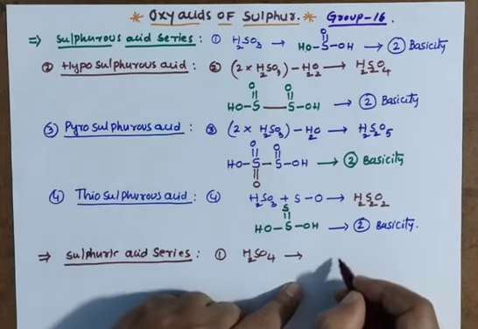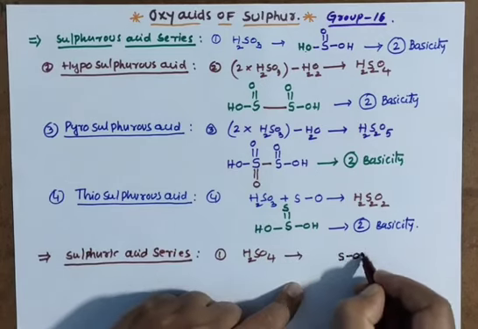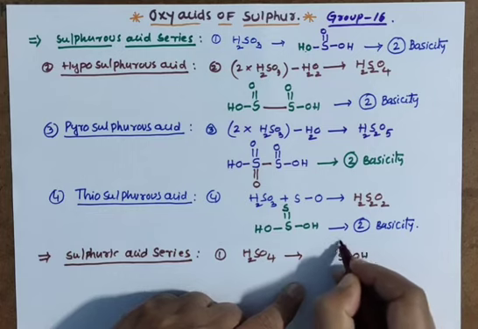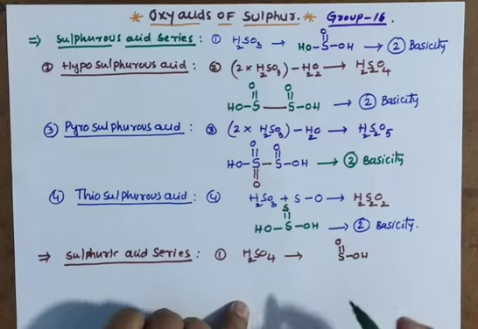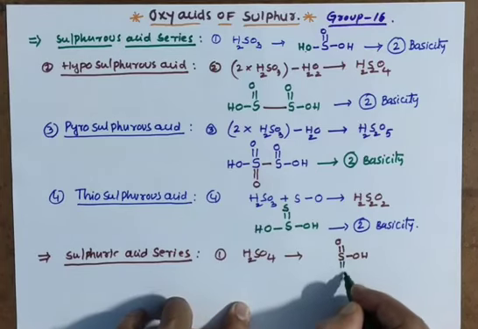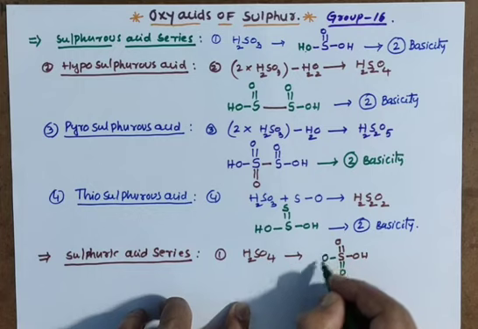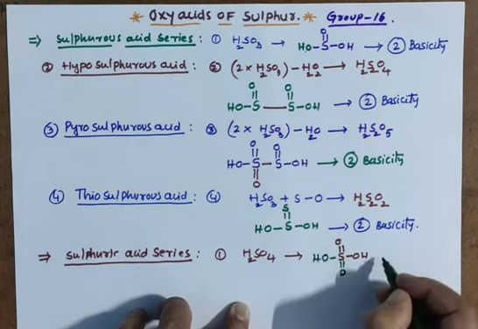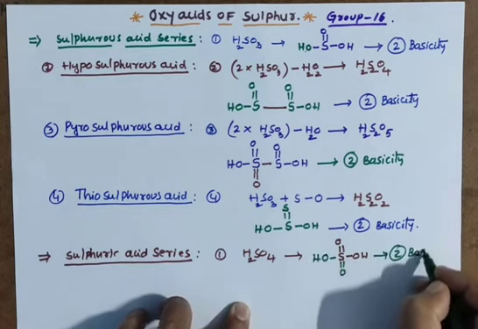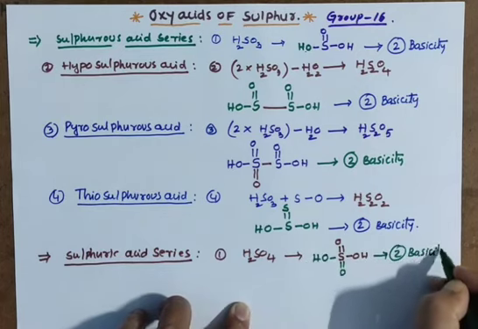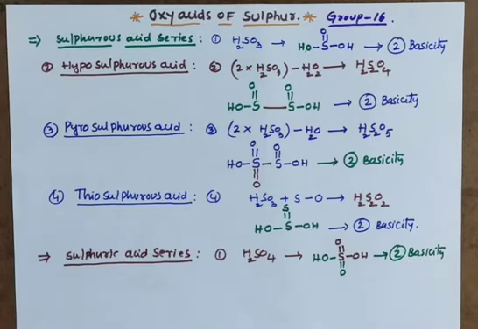One sulfur with one OH group and one double bond O group is the basic unit, but this is an exception for thiosulfurous acid. Remaining, one more oxygen is there: you add double bond O. One more hydrogen and oxygen is there, so you have 2 OH groups. Basicity is 2. See, very easy.